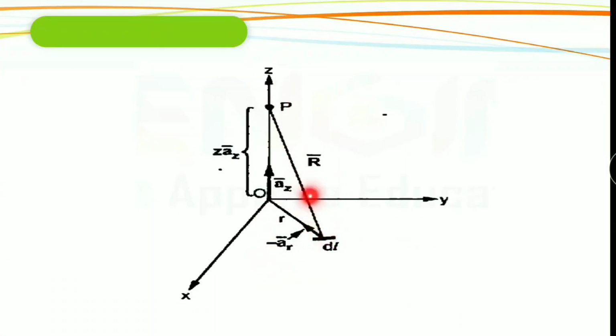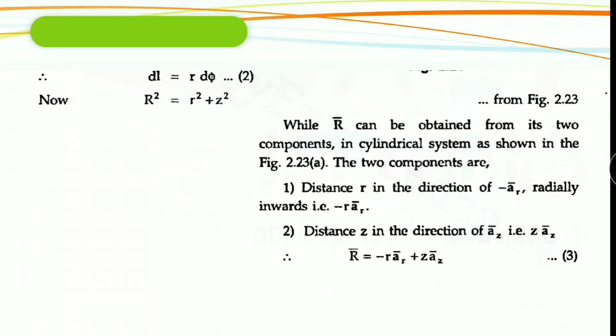Therefore the resultant R bar is the sum of these two vectors. So R bar is equal to minus r a r bar plus z a z bar. That means for the R bar vector we have to calculate the vector and also the magnitude.